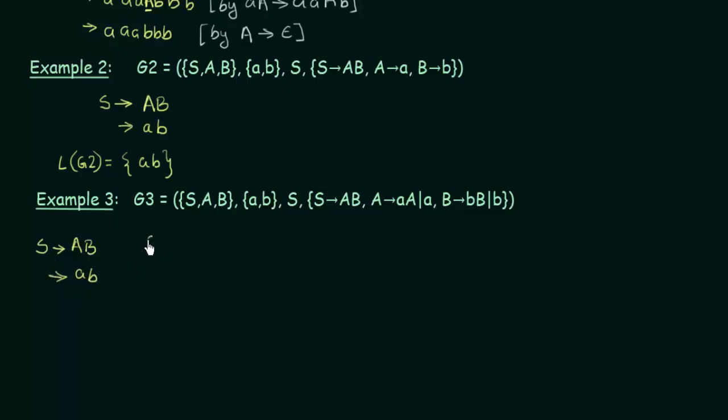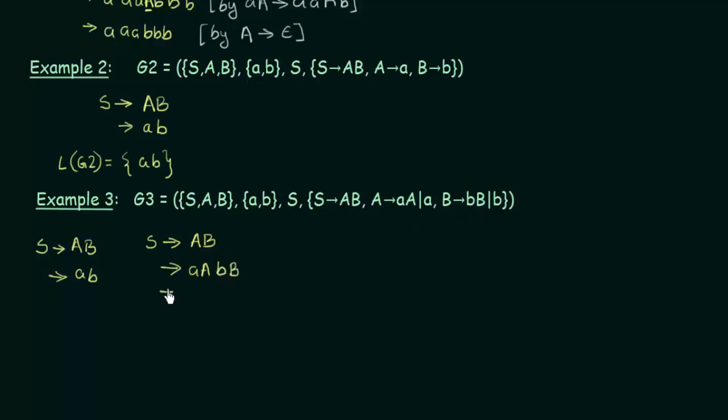Now let's see another string that can be formed. Starting with the start symbol again, S gives AB, and now let me look at A and choose the production which says A gives AA. So instead of this A, I'll write AA, and instead of B, I will write BB, because B gives BB.